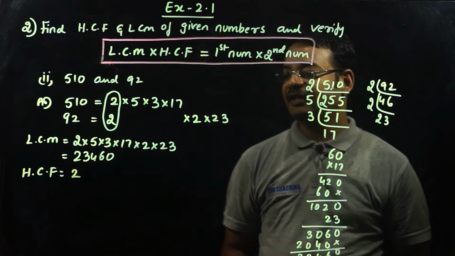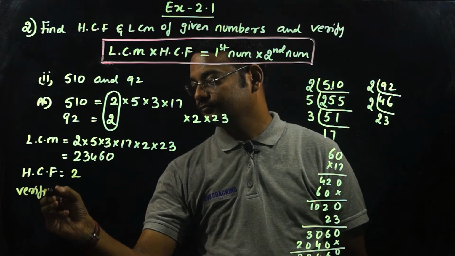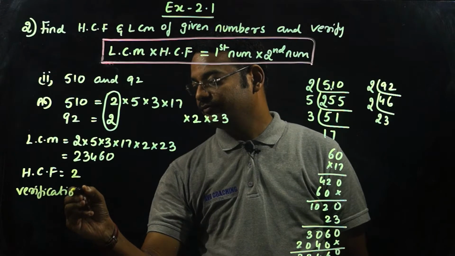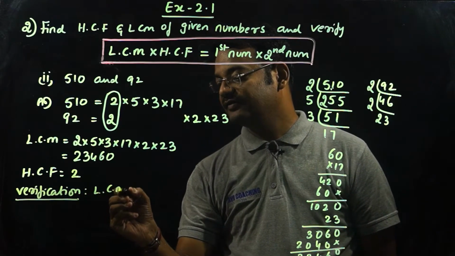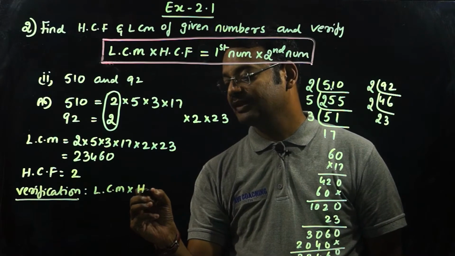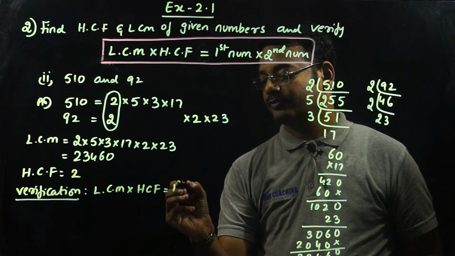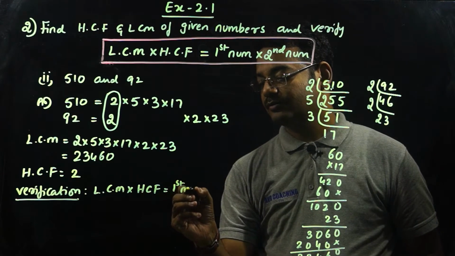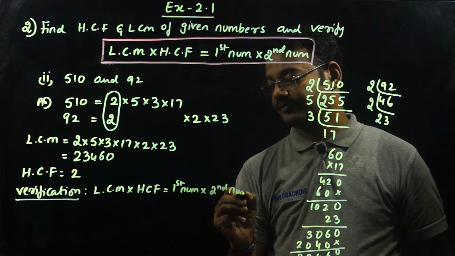Now for verification of formula: LCM into HCF is equal to first number into second number.